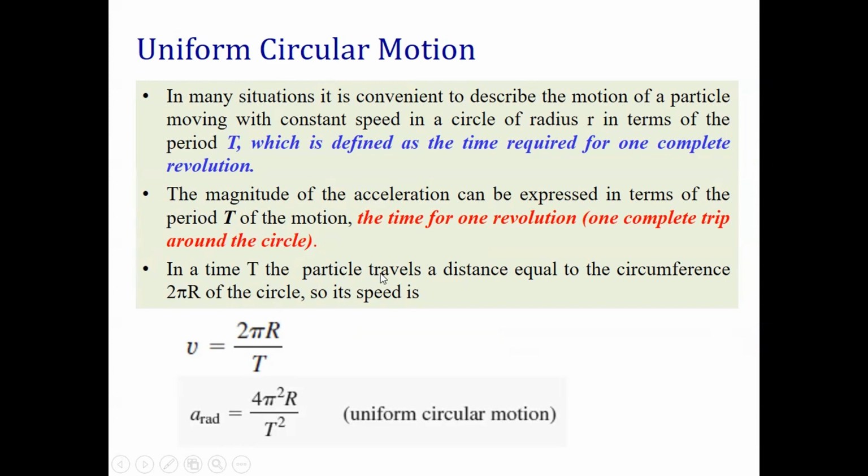In time T, the particle travels a distance equal to the circumference, which is 2 pi r. So the distance traveled divided by the period is the speed v. Therefore, the acceleration is v squared divided by r, which gives 4 pi squared r squared divided by r, which means it is 4 pi squared r divided by the period squared.